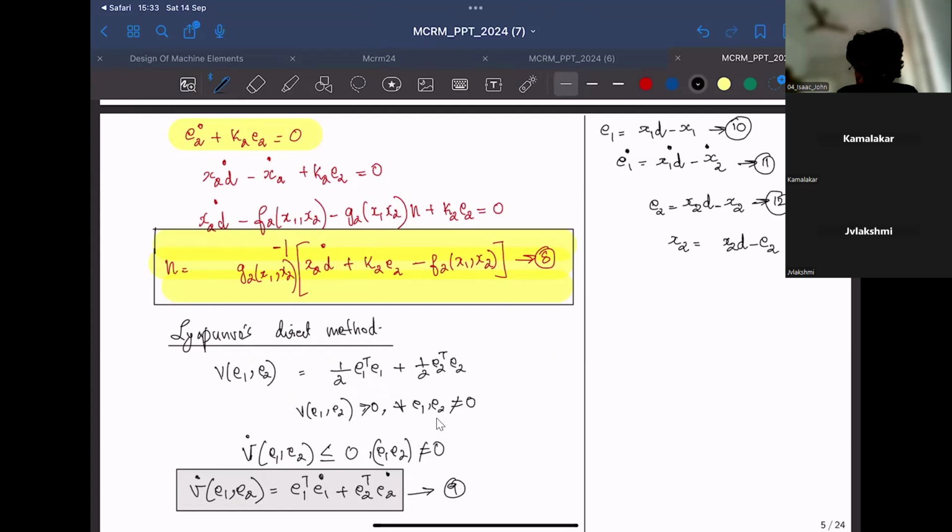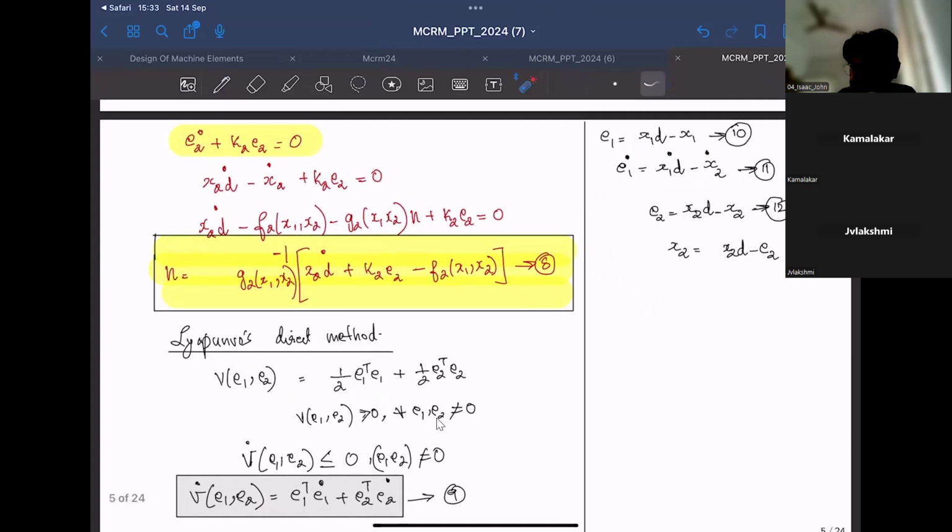Okay, so we'll now go back to this equation 11. So what can we do? I think I've made a mistake. This is supposed to be x1 desired. Right? E1 dot is x1 desired minus x1.